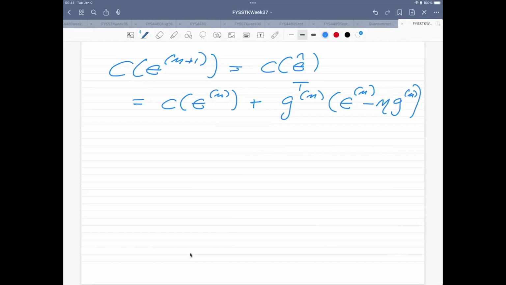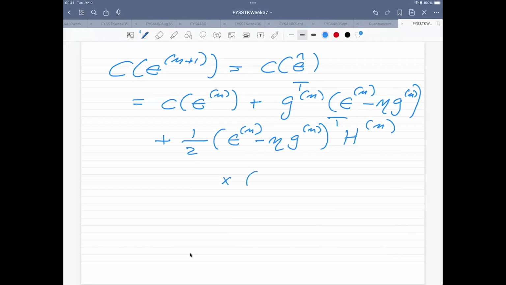And then if I stop at the second derivative, I would have a half, and then theta of n minus this term eta g of n. So this is a matrix vector product. So we have this H, the second derivative, which I write as a function of n here, so that depends on theta n.